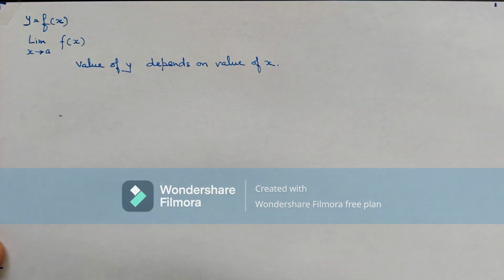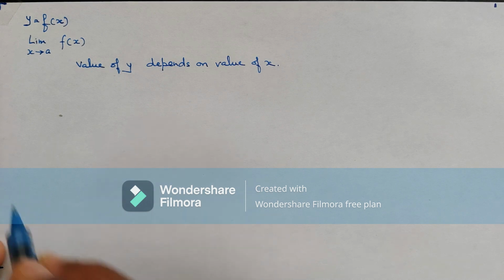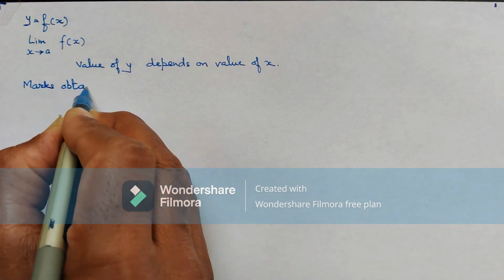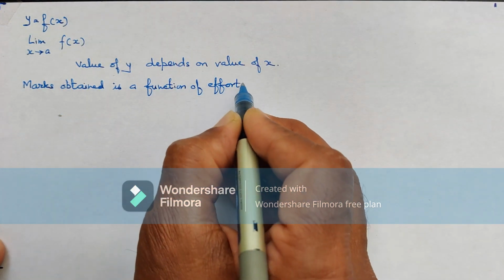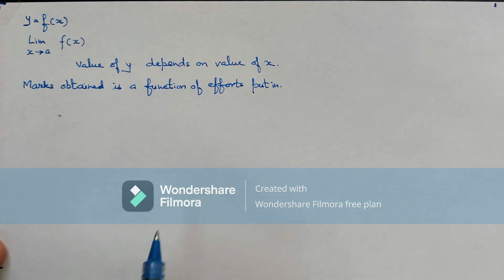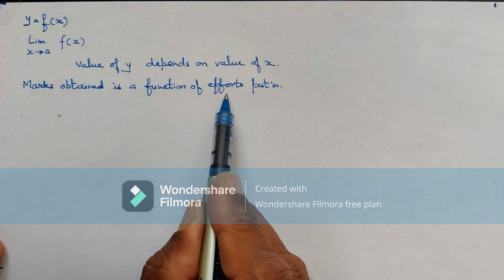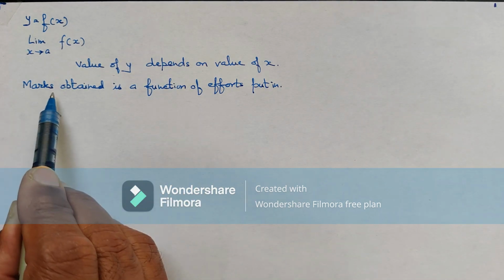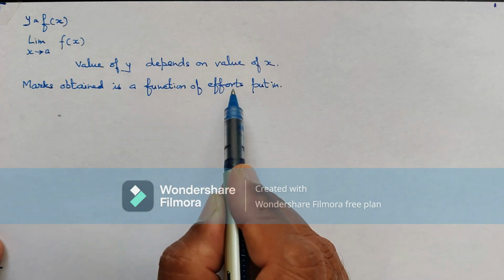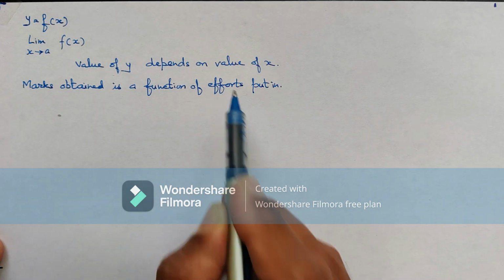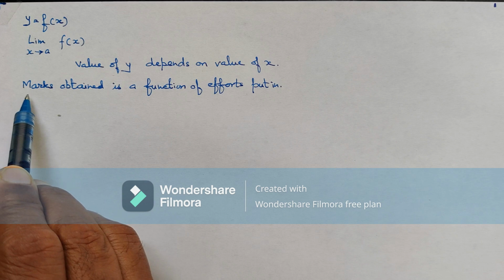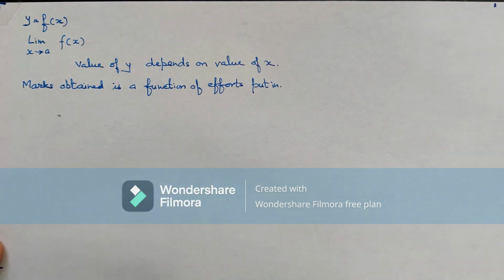For example, the marks obtained in exams is a function of efforts put in by the student. Simple enough. The more the efforts a student puts in, the more the marks he will get. So marks depends on the efforts. So I can say marks is a function of efforts put in.